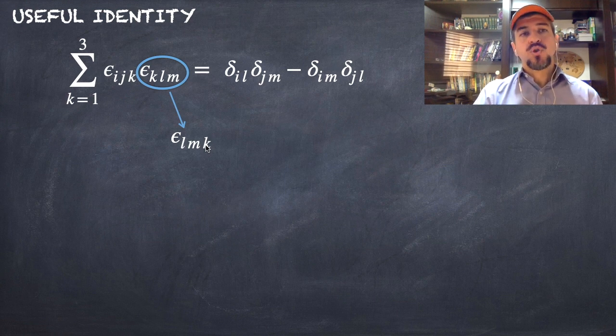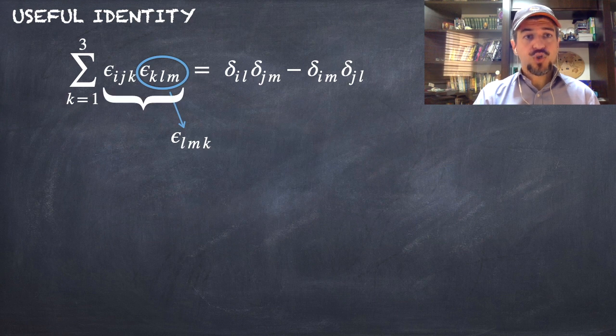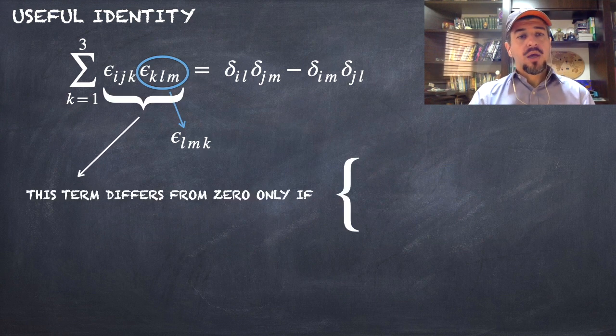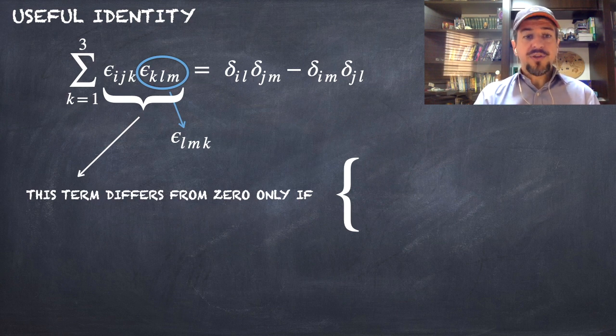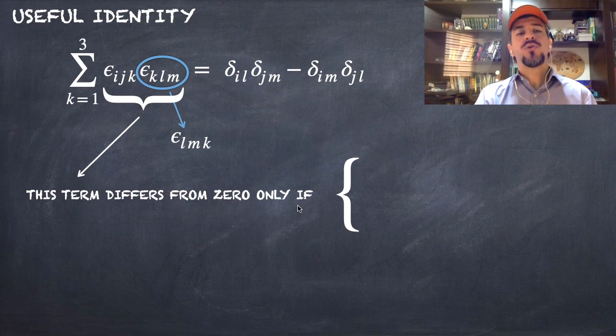Okay, so let's try to understand this identity. Consider this term, the product. This term differs from zero only in two situations.